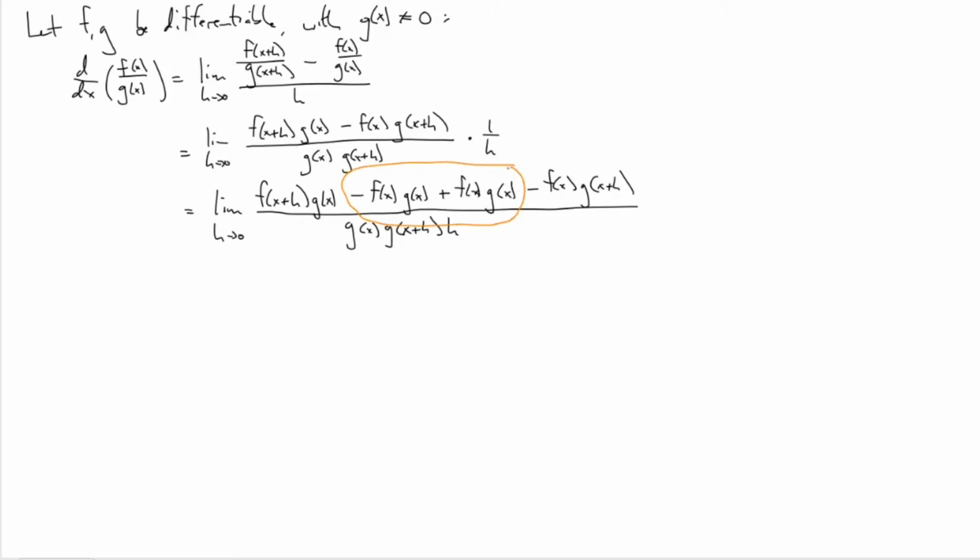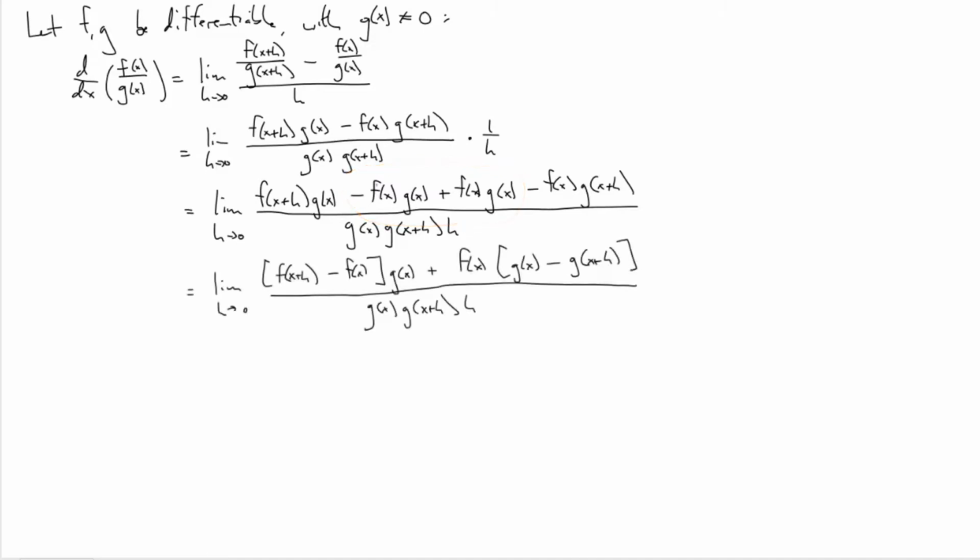In particular, this expression right here, negative f of x g of x plus f of x g of x, is 0, and that's the only difference from the line above to this line here, that adding 0 in the middle. And this lets us factor out a g of x from the first two terms here, and factor out an f of x from the next two terms there.